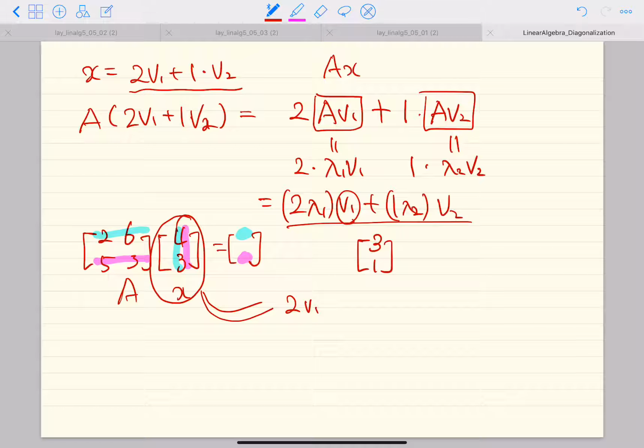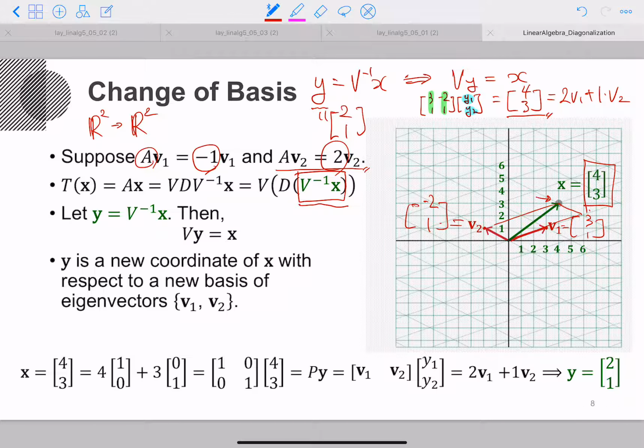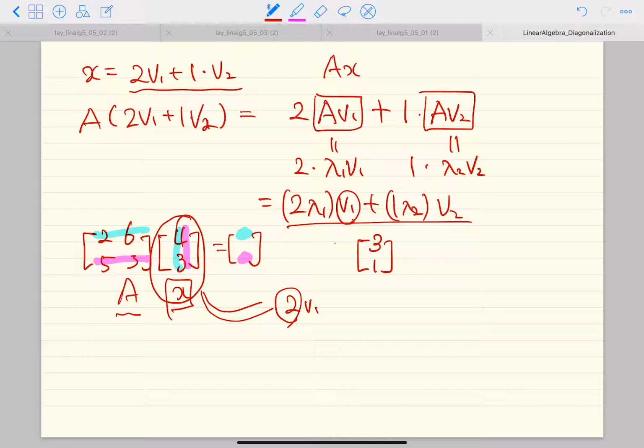Originally we had a 2 as the linear combination coefficient to represent the input vector x, but when performing the linear transformation with A on this eigenvector, it is simply represented as a scalar multiple of this eigenvector. The eigenvalue is -1, so instead of computing with the matrix A, we simply replace it with a scalar multiple, and so we get -2 over here.